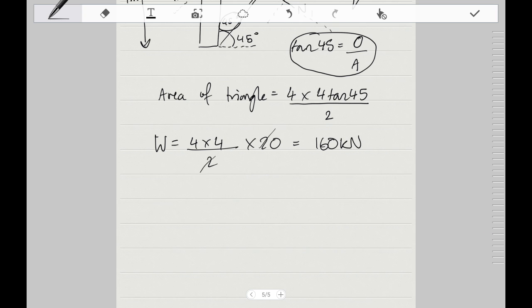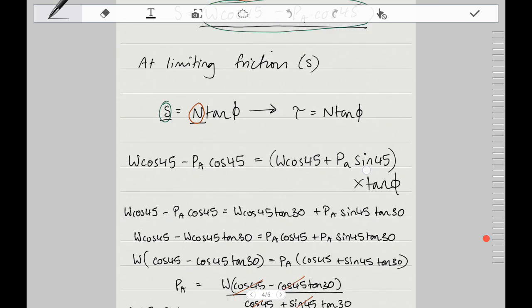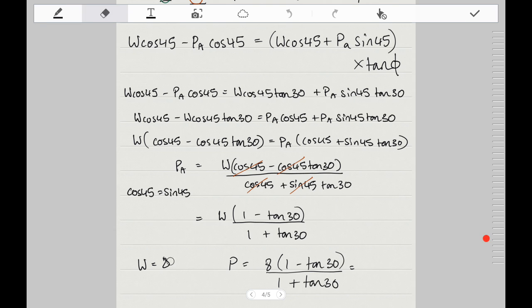Yeah, that cancels out with that. You end up with, take it to the other side. So yeah, that for some reason seemed really small. 160 kilonewtons.